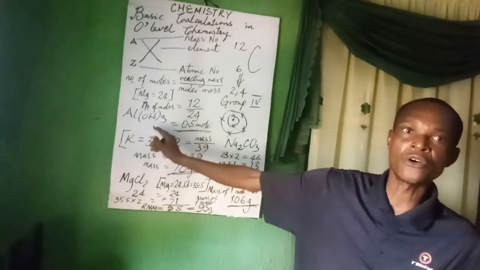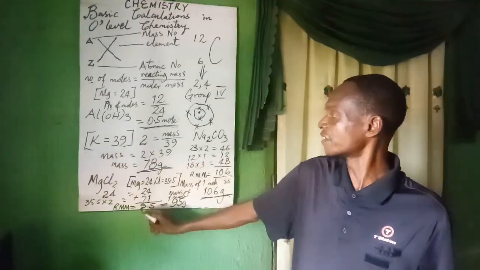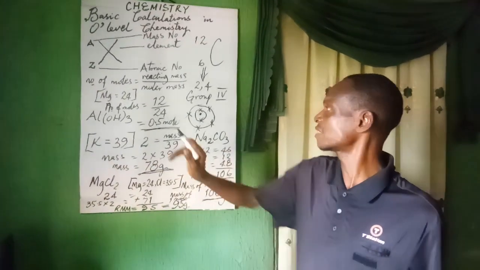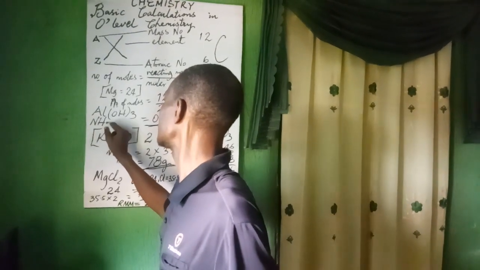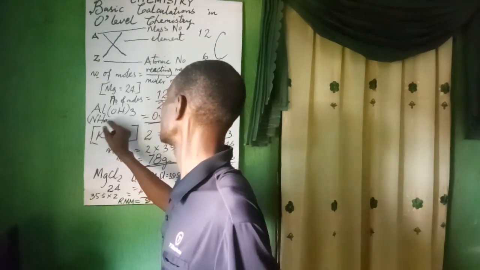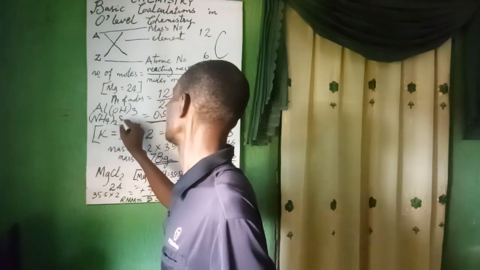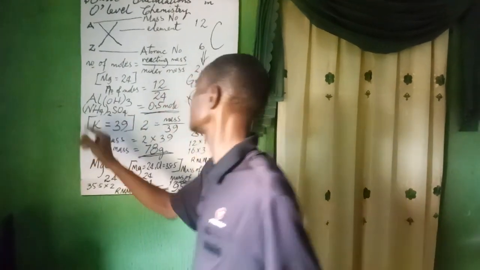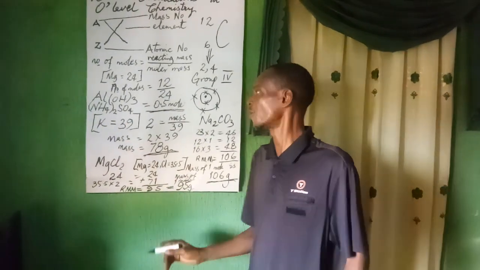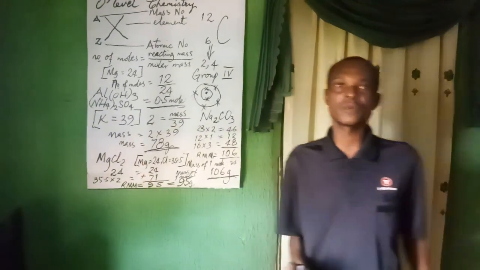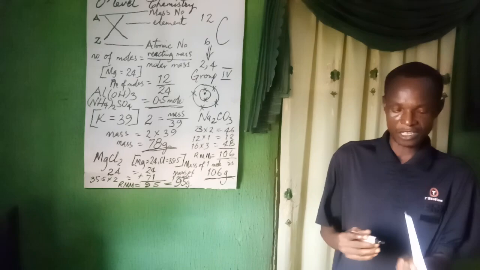Calculate the relative molecular mass and the mass of 1 mole of it. The next compound you will calculate is ammonium tetroxosulfate 6, written like this. The ammonium is enclosed in bracket NH4 with 2 written as subscript and then SO4.